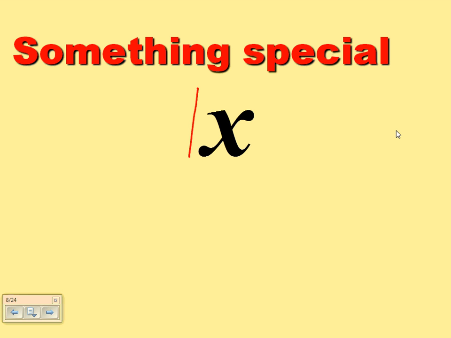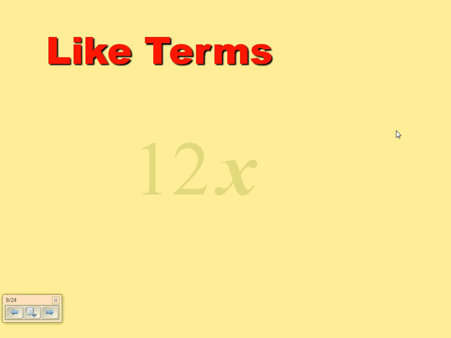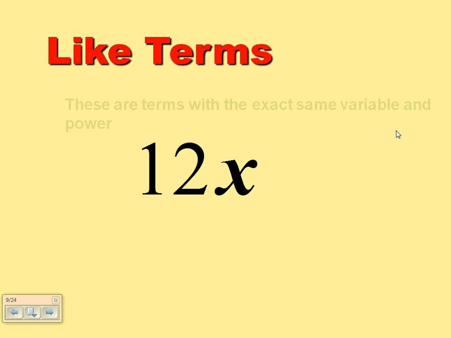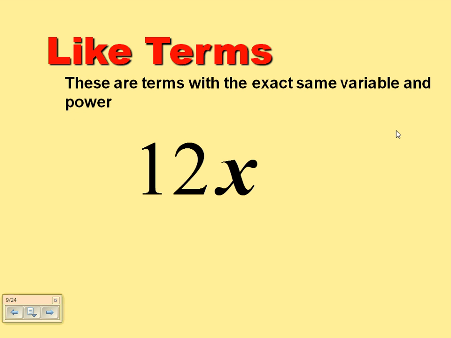Okay. The next thing I would like to review with you guys from what you have been doing in the past is a thing called like terms. Like terms are terms with exact same variable and power.